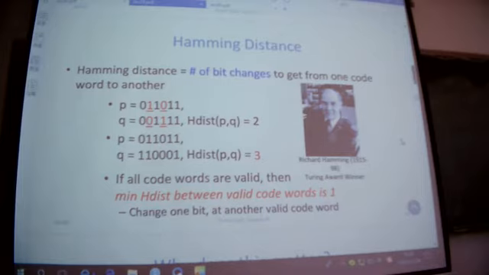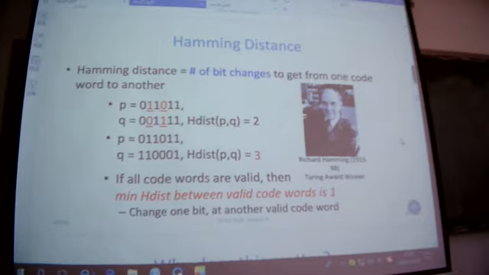The use of Hamming distance overall is to detect one bit error and fix one bit error. So you can see if all code words are valid, then the Hamming distance between valid code words is 1. Change one bit to another valid code word.